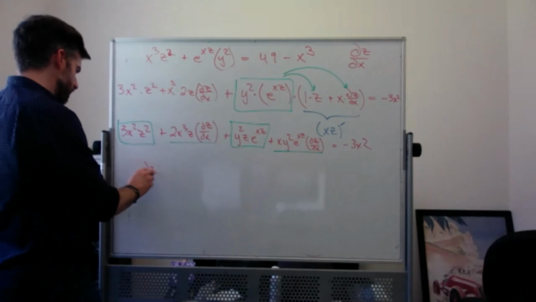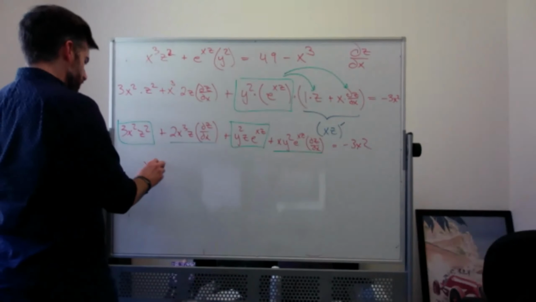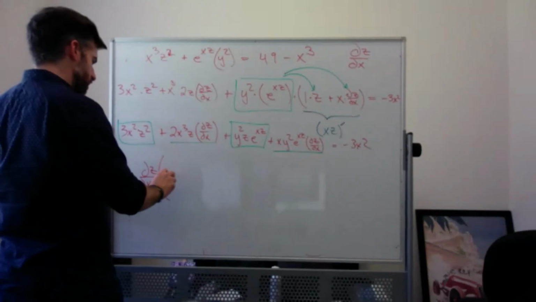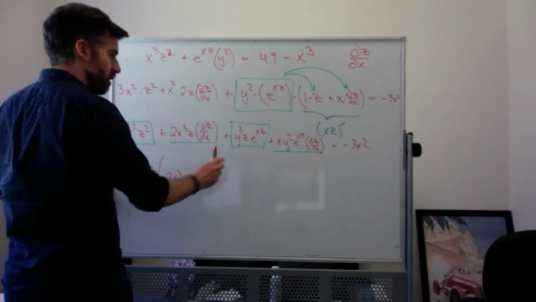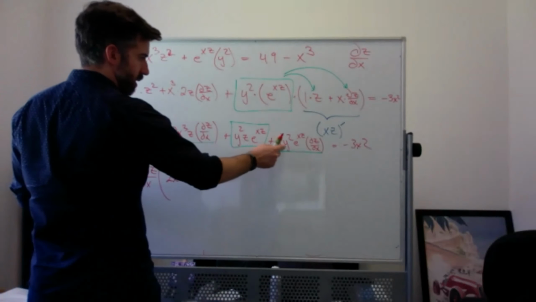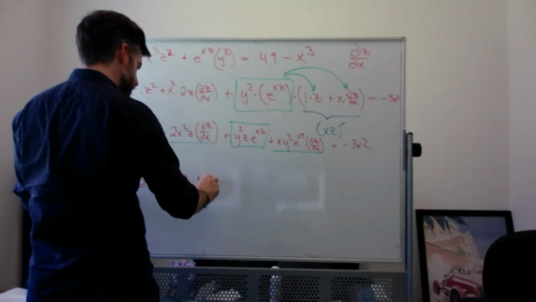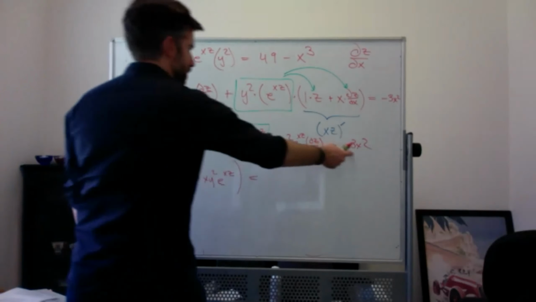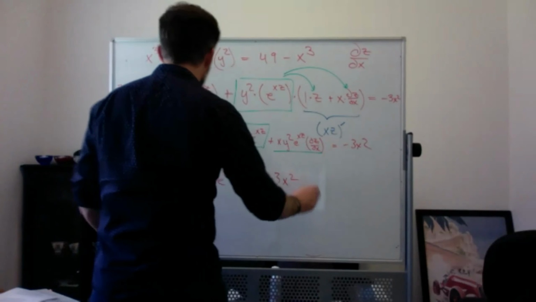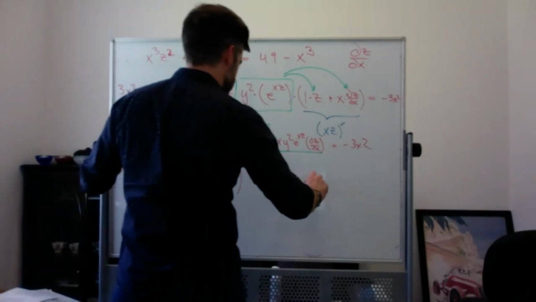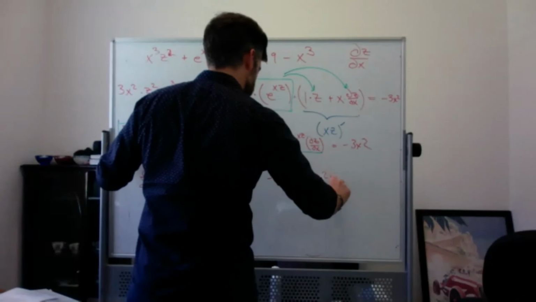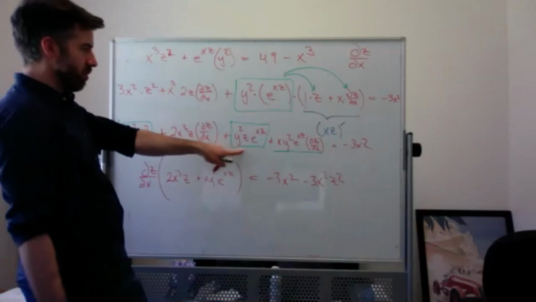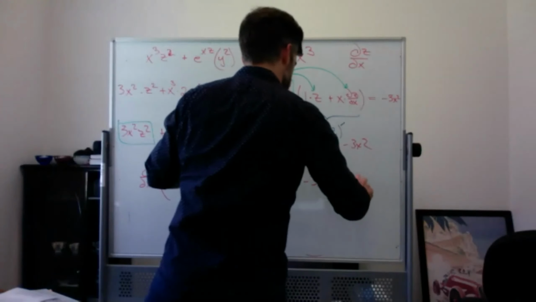I'm going to have del z del x times 2x cubed z plus x y squared e to the x z equal to negative 3x squared minus 3x squared z squared minus y squared z e to the x z.